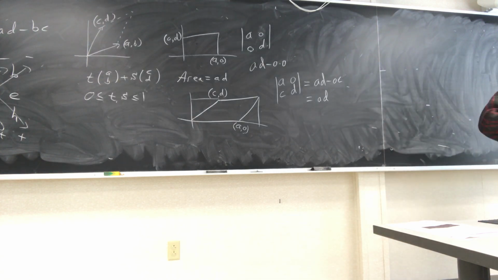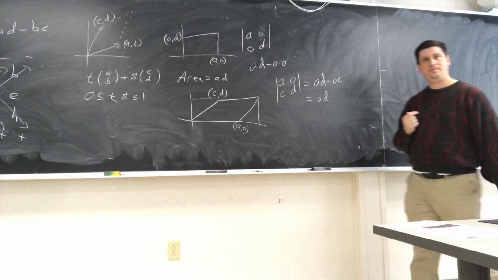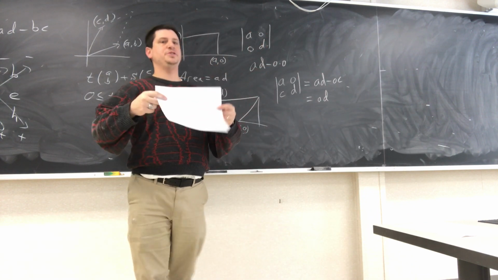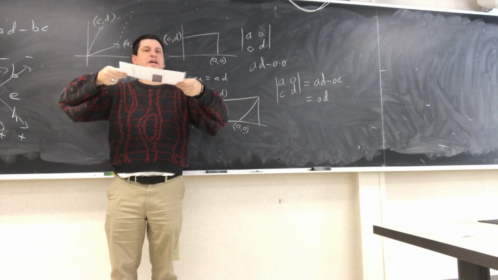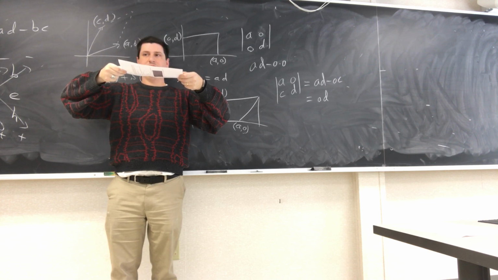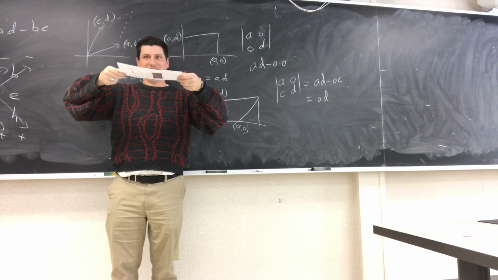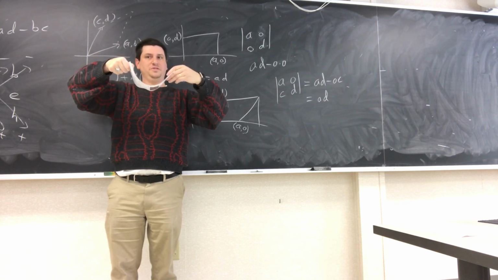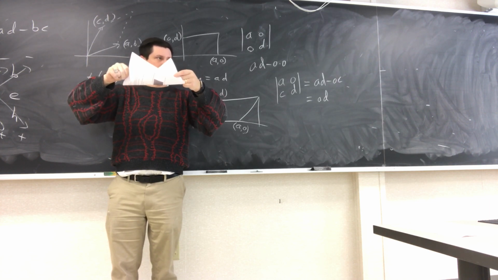If I go to higher dimensions, if I go to 3 dimensions, it's going to be a volume. What is the volume of this beautiful piece of paper, this flat plane in 3-dimensional space? What is the volume? 0.